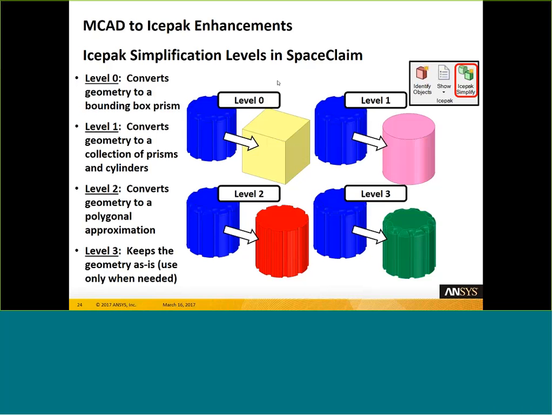And finally, level 3 keeps the geometry as is, and you would use this only when needed. So you can take your original CAD geometry and simplify it using the simplify command, and also convert it to primitive IcePack objects. So you have the advantage in IcePack to have those familiar edit panels.